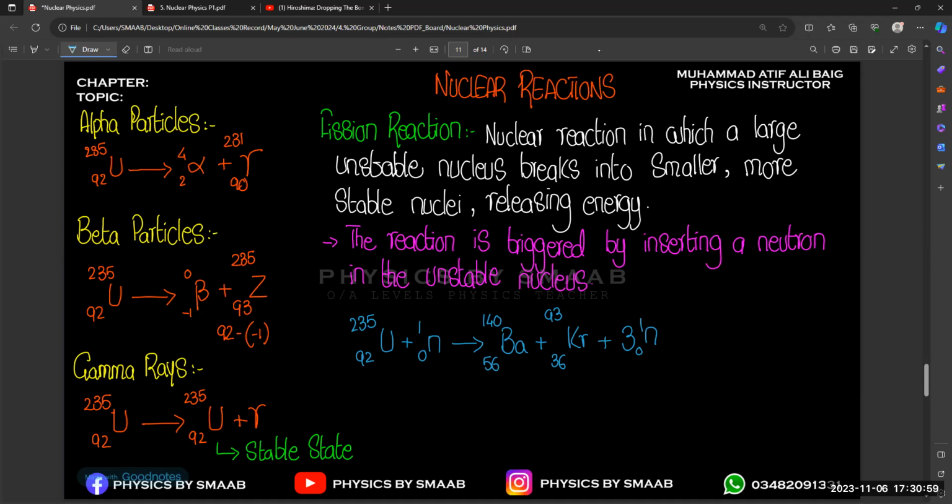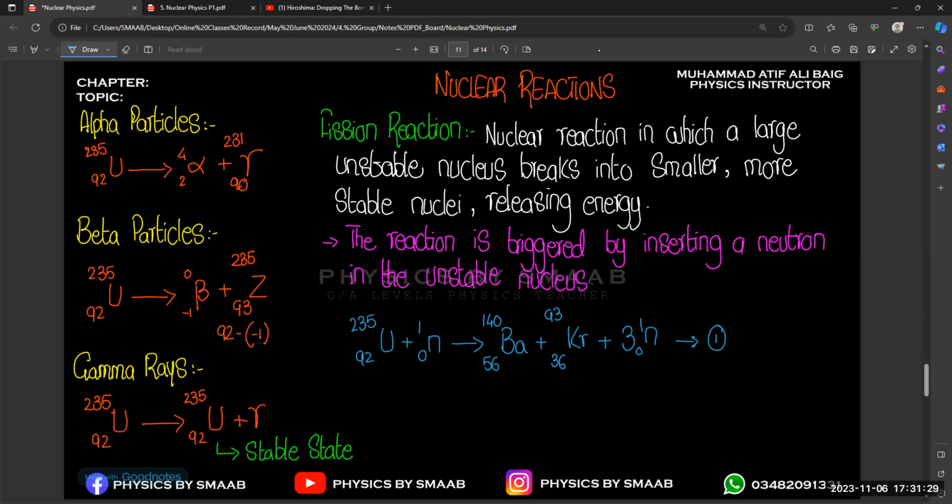So it will split into 81 neutrons, then the square of 81 neutrons. So it will work like this. That's why it will spread very quickly, just like you observe in the video. Okay, any confusion? No, sir. And this is the famous equation that we normally use in our questions.